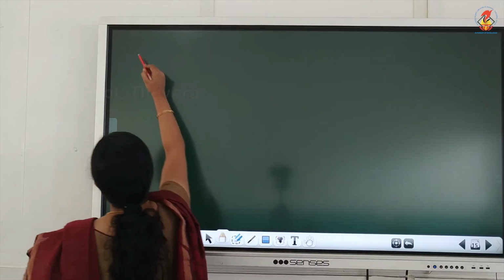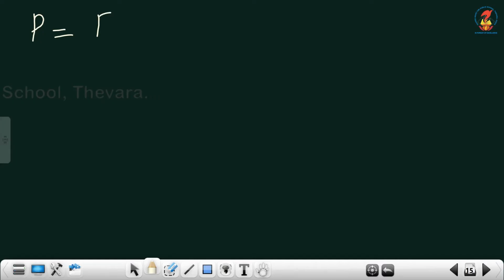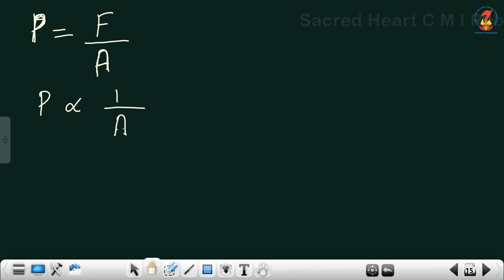We have pressure is equal to thrust by area. Now, pressure is in the numerator part and area is in the denominator part. That means pressure and area are in inverse proportion.